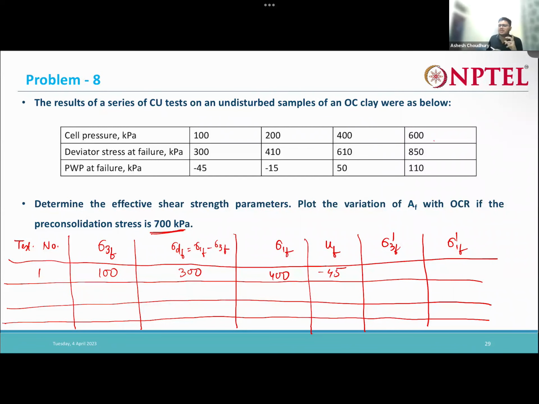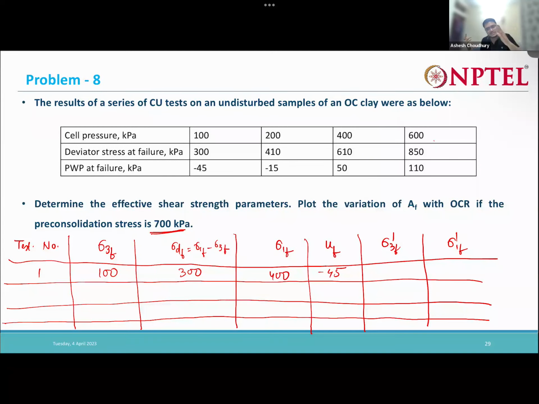As you see it's minus, so this reinforces our thing that it is over-consolidated clay. Over-consolidated initially, it might be now when negative pore water pressure. As the test progresses, our soil will tend to get closer to the pre-consolidation stage. If sigma 3 crosses 700, my soil will become normally consolidated.